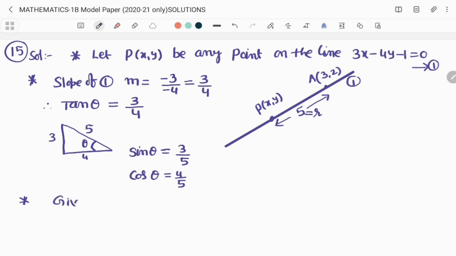Given that the distance between P and A, AP, is equal to R, that is equal to 5.